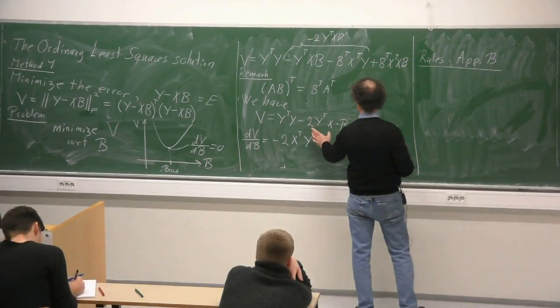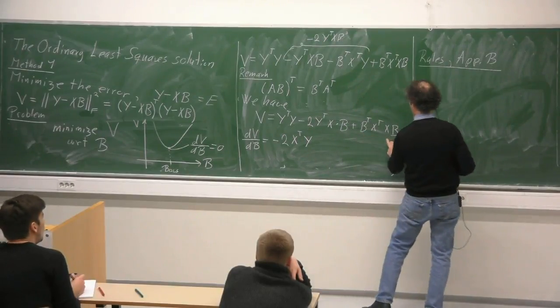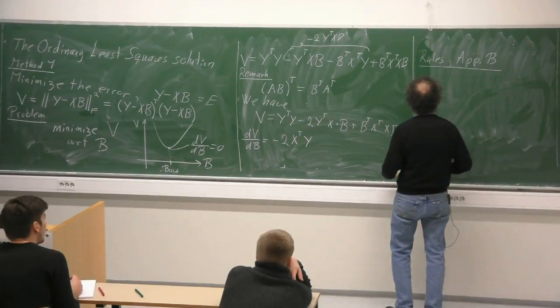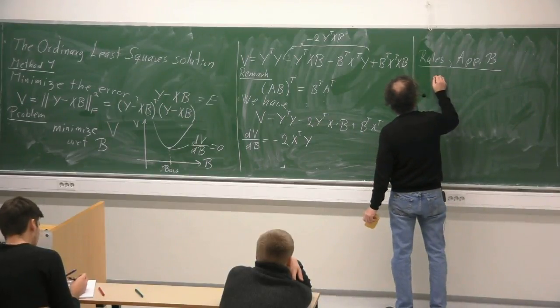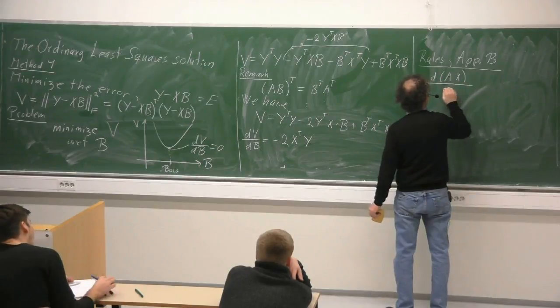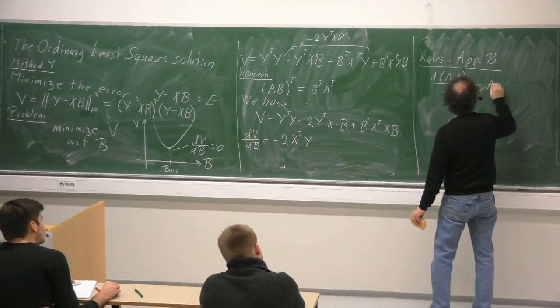One rule for taking the derivative of this one, and one rule for taking the derivative of this second order term. You see, if you take the derivative of a product A times X with respect to X, this one is equal to A transpose.